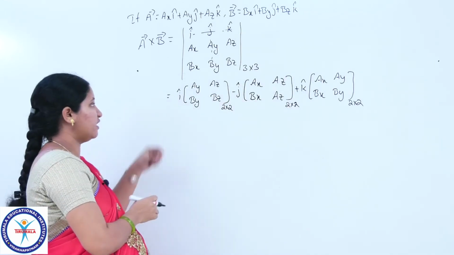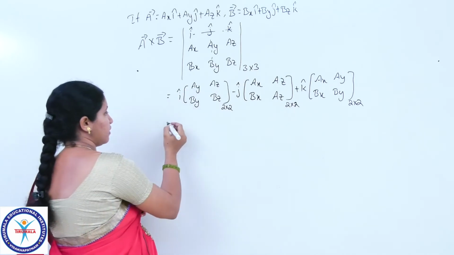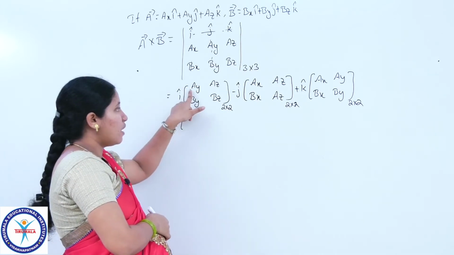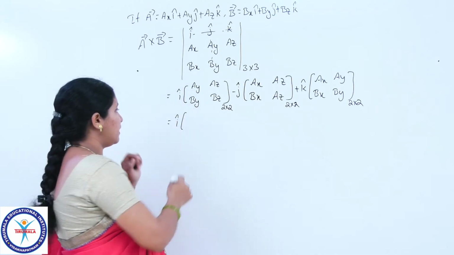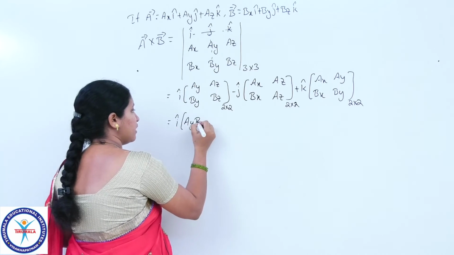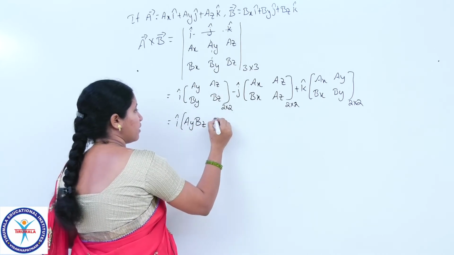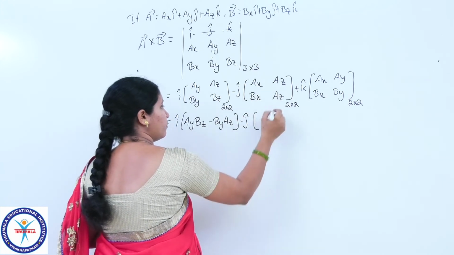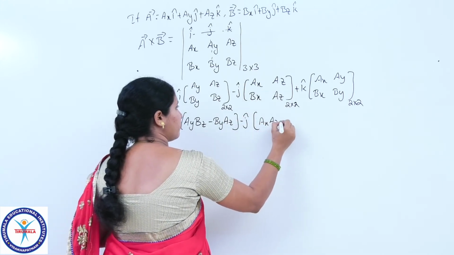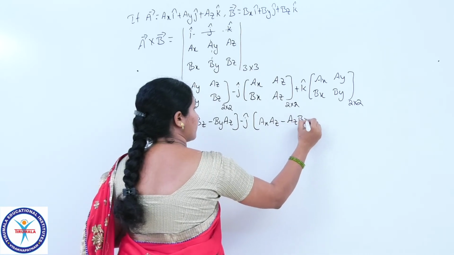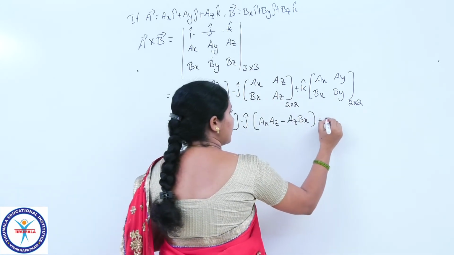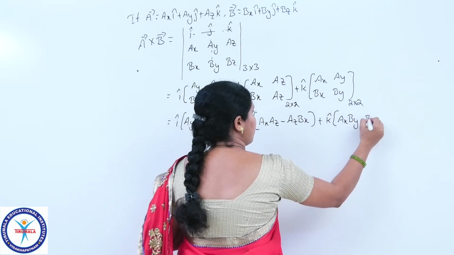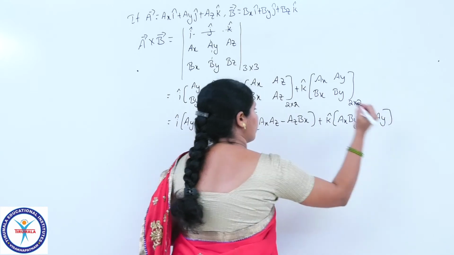Now, let us take the determinant of the matrix. I cap into ay bz minus by az, minus j cap into ax az minus az bx, plus k cap into ax by minus bx ay.